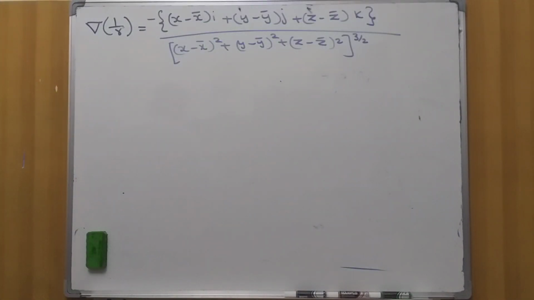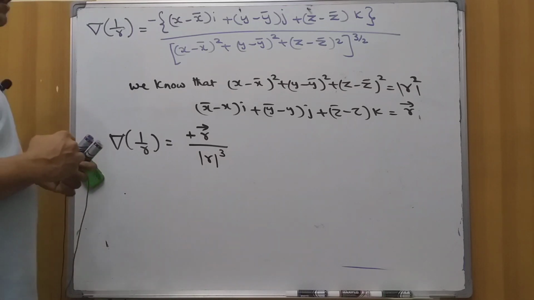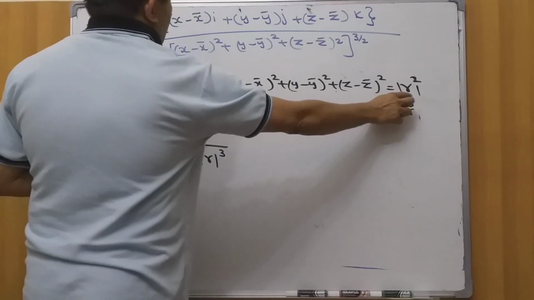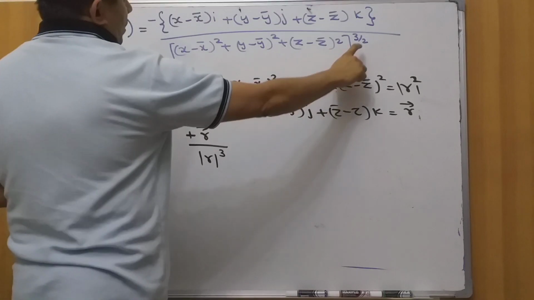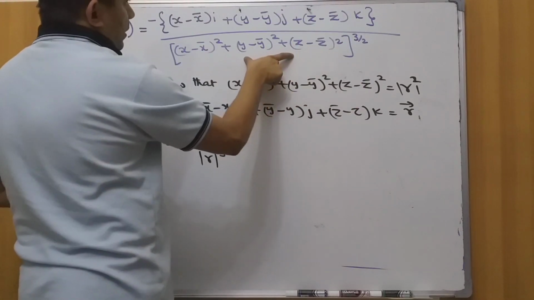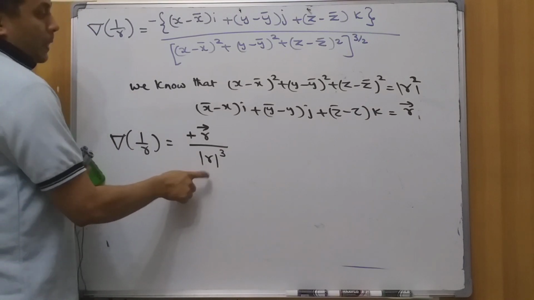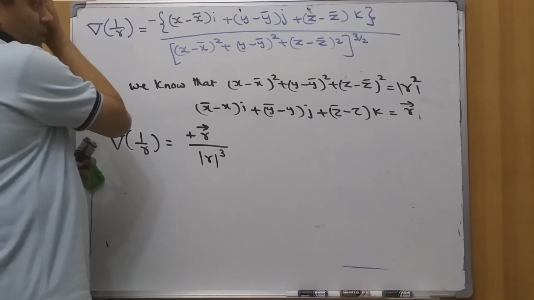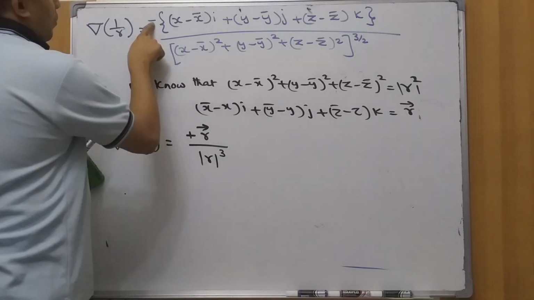We already mentioned that the whole term within the bracket gives the magnitude r square. So if I replace this term by r square, the denominator becomes r cube. And the numerator is (x minus x bar) i, (y minus y bar) j and (z minus z bar) k with a minus sign.